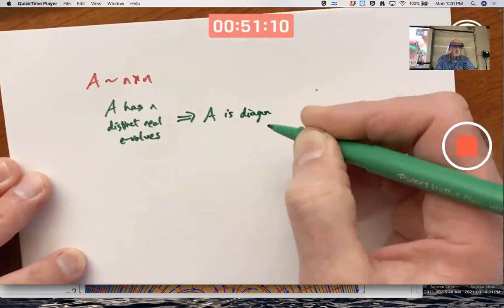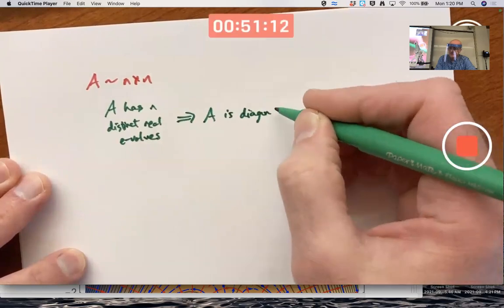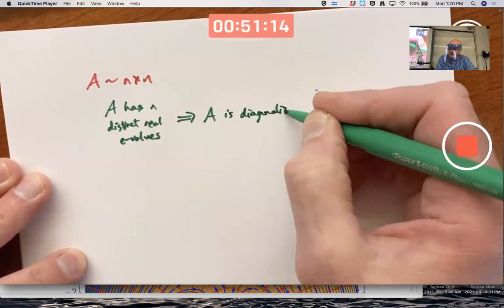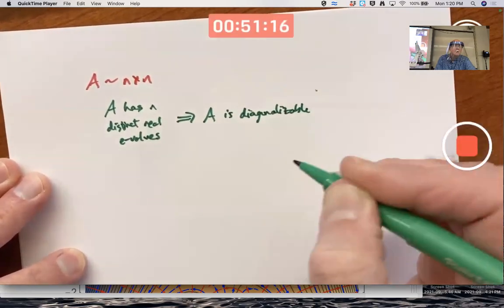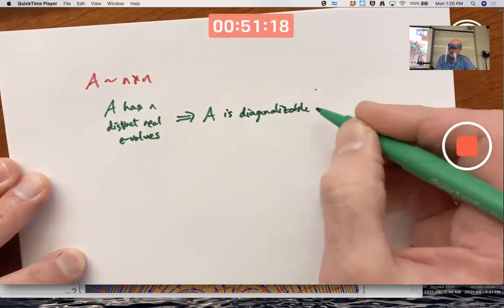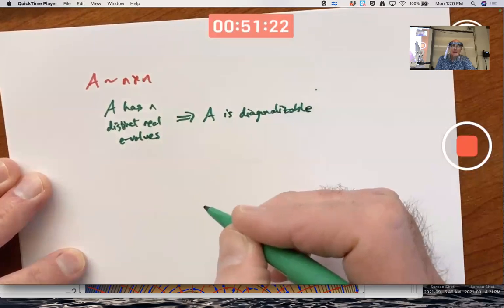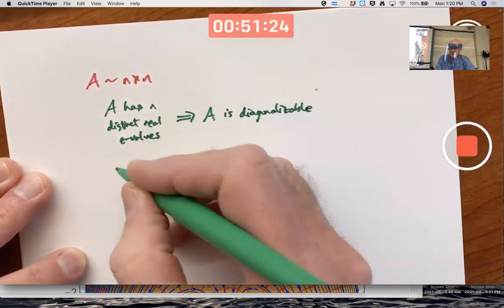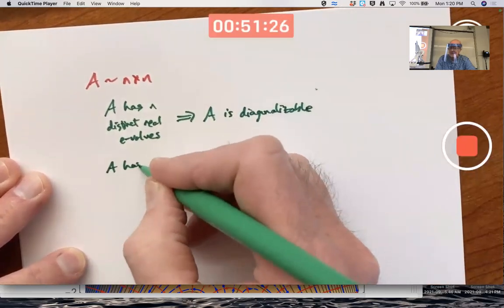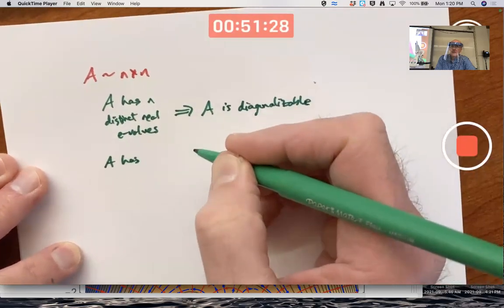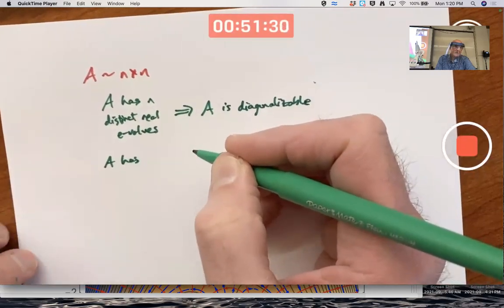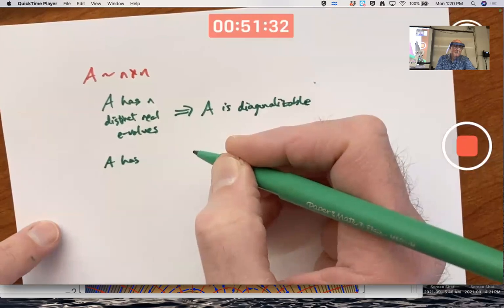We should also remind ourselves what diagonalizable means. I will in a minute here. That's a fundamental fact. That's useful. It's also true if A has n linearly independent eigenvectors, that it'll be diagonalizable.